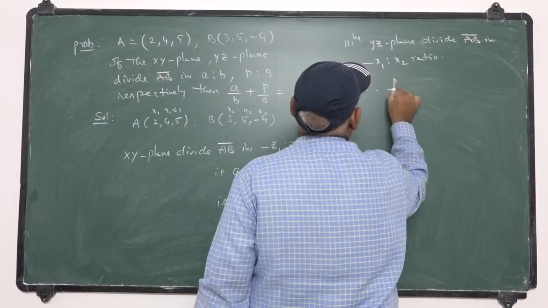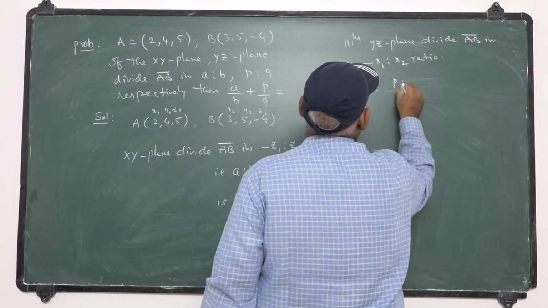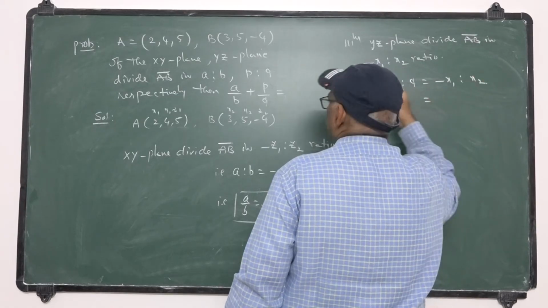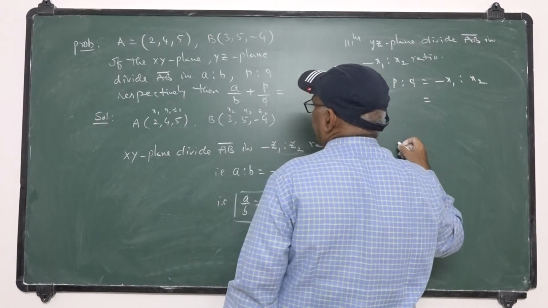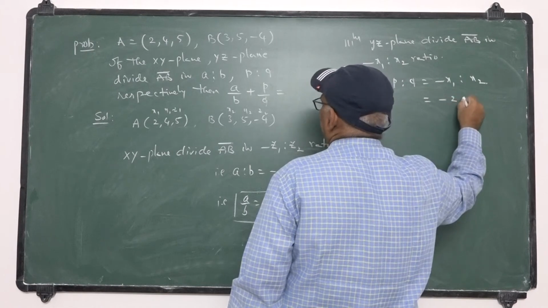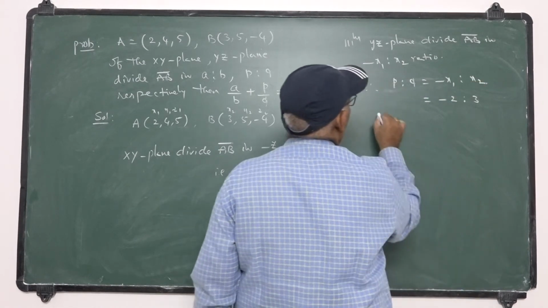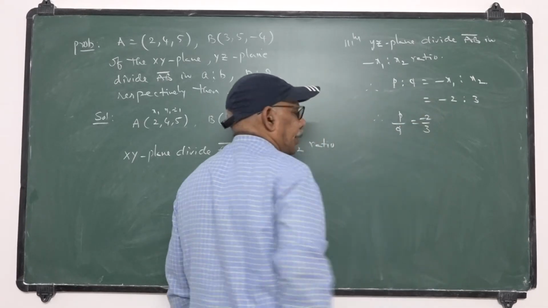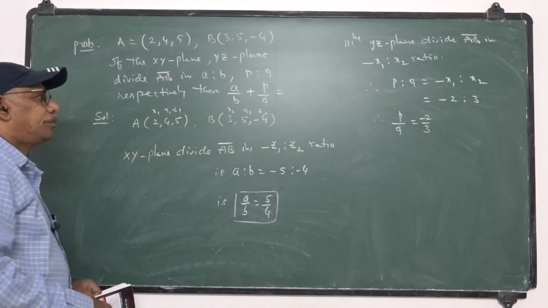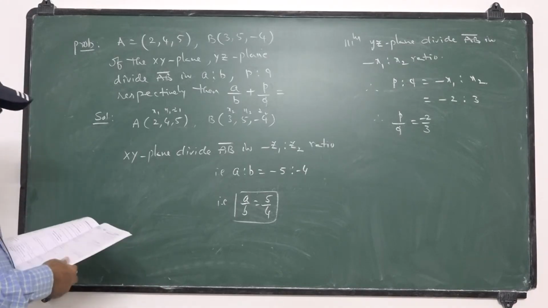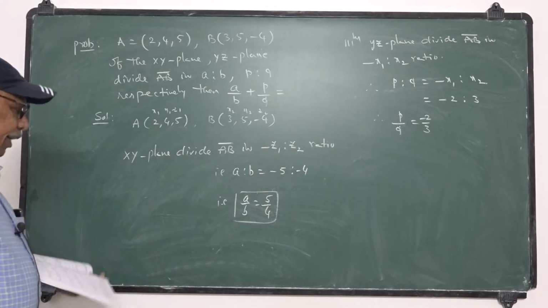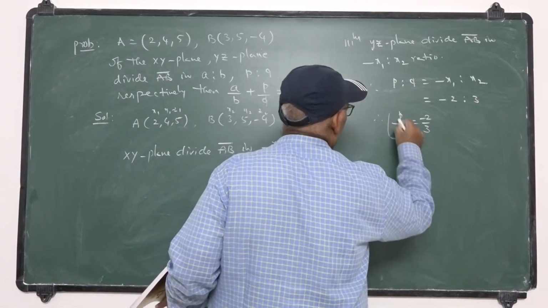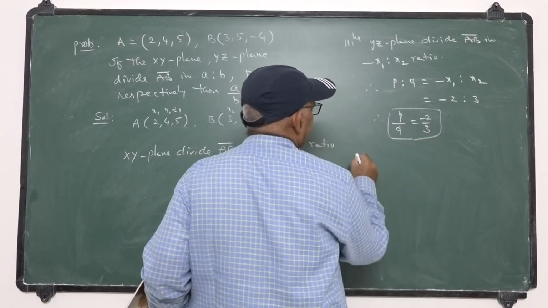Therefore, P is to Q equals minus X1 is to X2, where X1 and X2 are the X coordinates of the extremities of the line segment. So P by Q is negative, which means external division. Then the ratio of division is minus 2 is to 3.